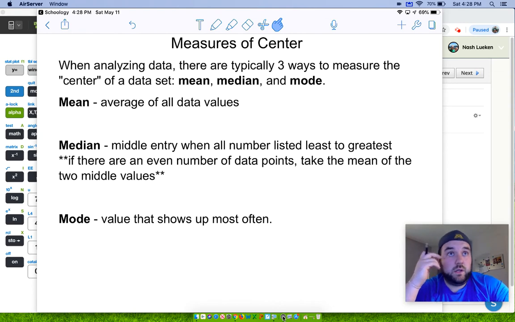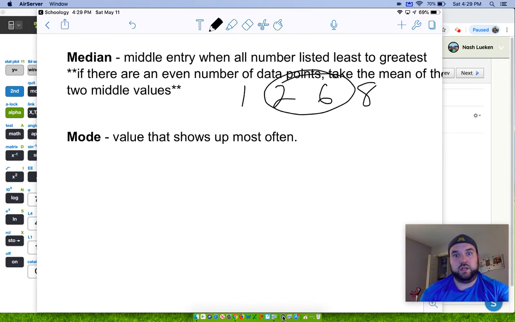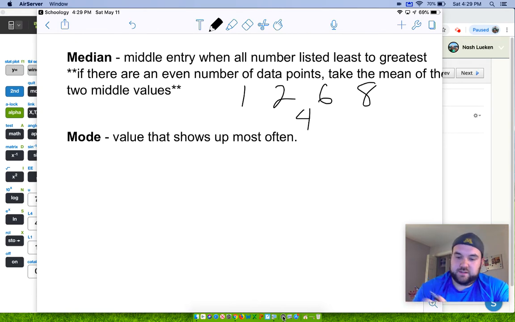And if there are two numbers in the middle, for example, if these are my results, 1, 2, 6, and 8, there's actually two numbers in the middle, not one clear number. So if there's two values in the middle, then I'm going to average those two out. So in this case, the median would be 4 because that's the average of 2 and 6.